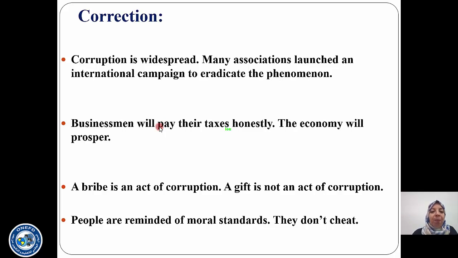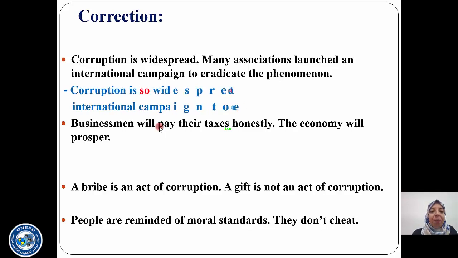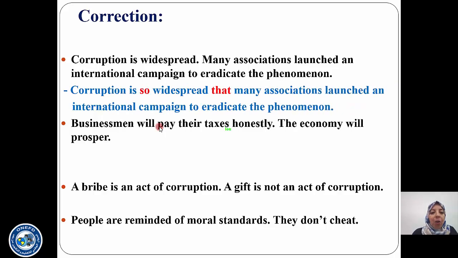Let's use so that. Corruption is so widespread that many associations launched or started an international campaign to eradicate. It means, you see, for this purpose. So launching international campaigns is the result of what? Of having corruption everywhere.